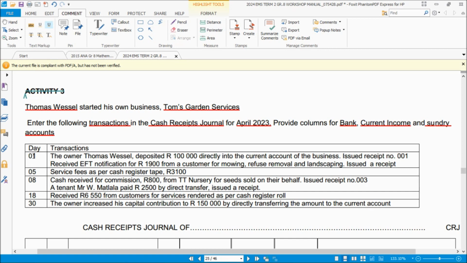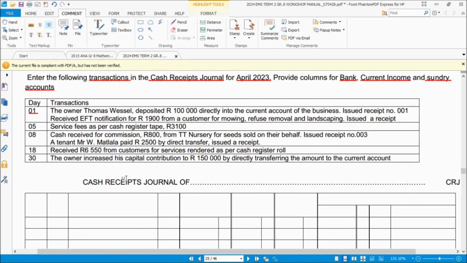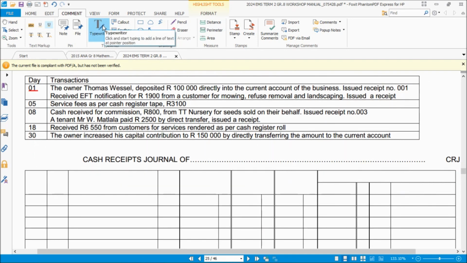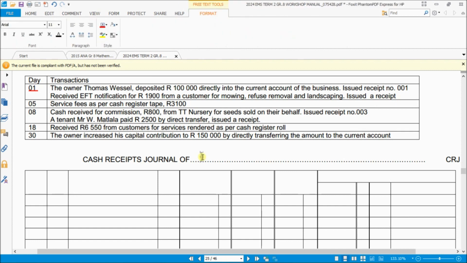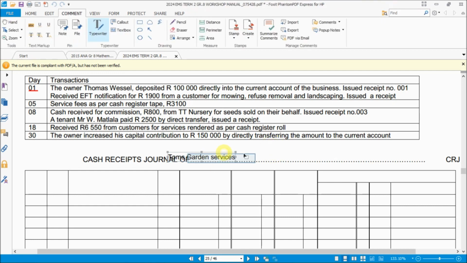Alright, so on the first day of the month, okay, before we go to the first day of the month, let's just look at what we need to enter here. So I'm going to just put my typewriter. So it's cash receipts journal of Tom's Garden Services. Now I'm just going to take this, put it right here. Then I need a date now.